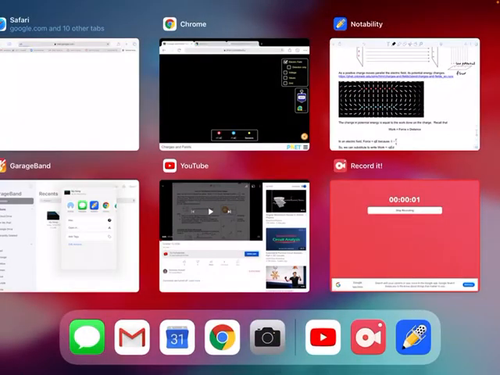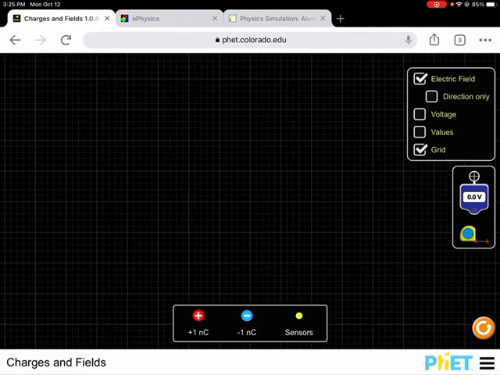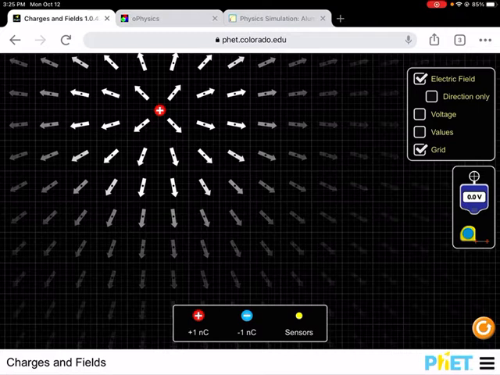Let's take a look then. In our last unit, we were looking at point charges, and here I've got a simulation. I'm going to turn on the grid here. If I put a single charge in this field, this is a vector field, and the arrows show the direction of the electric field created by this positive charge.